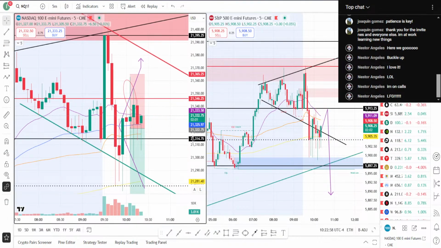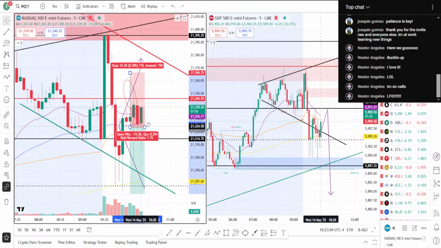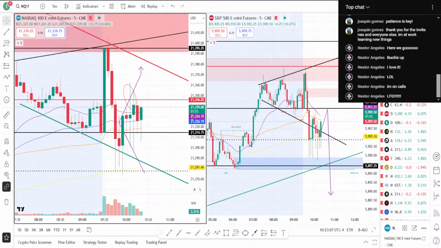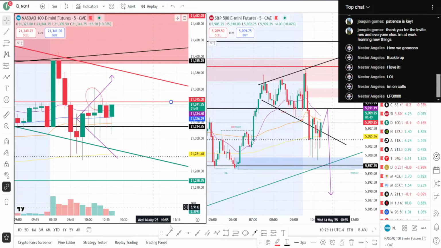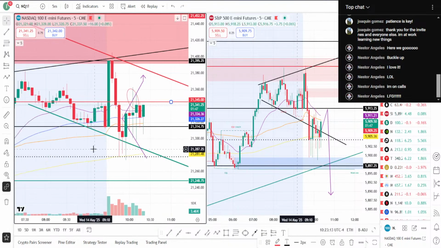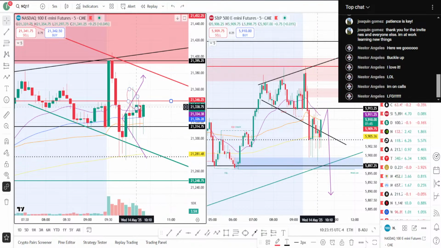Very choppy, man. I might just close that there. I'll just re-enter. Not liking this chop fest right here. I'll wait 15, 20, 30 minutes if I have to till this is over.